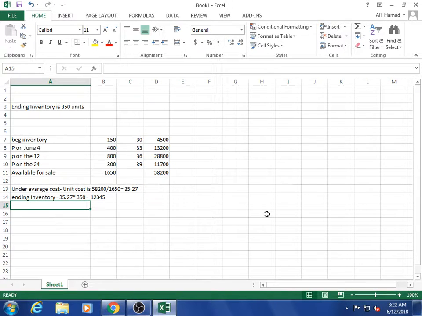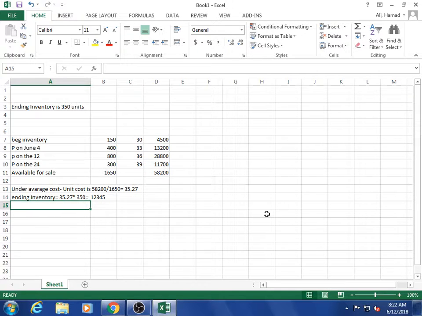Once we find our ending inventory, we can easily determine cost of goods sold. Remember, cost of beginning inventory plus purchases equals available for sale, minus ending inventory.